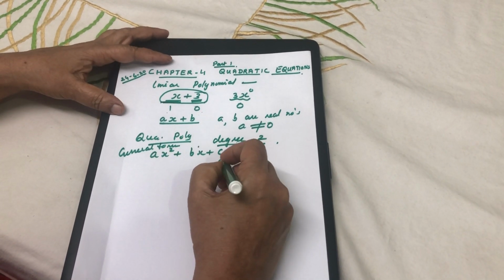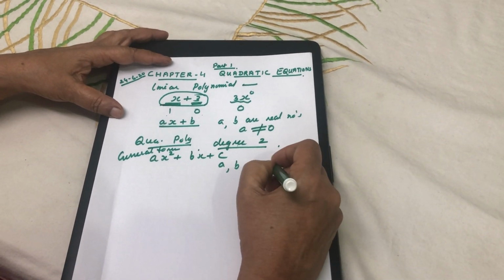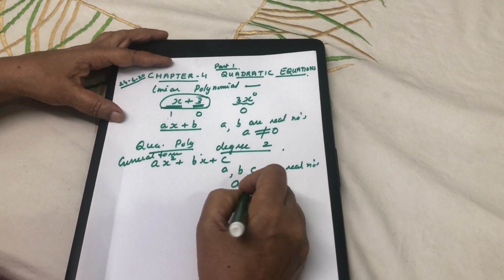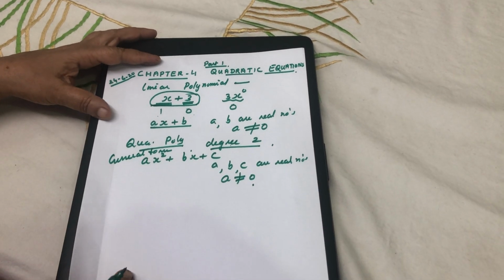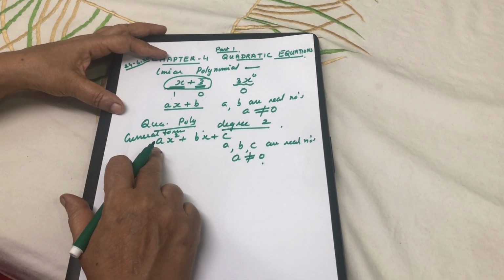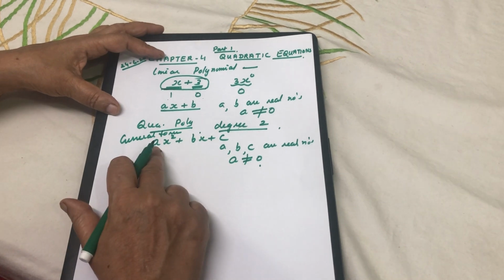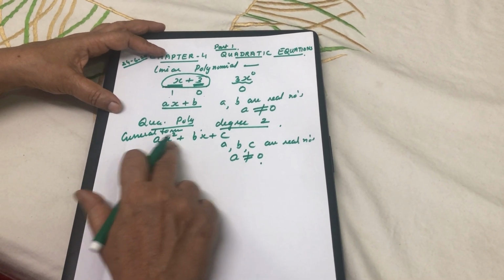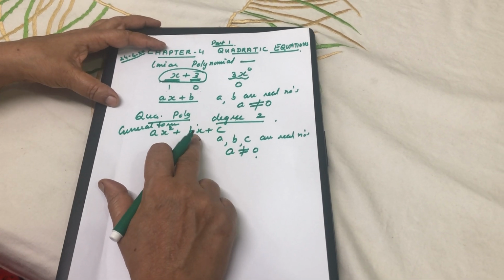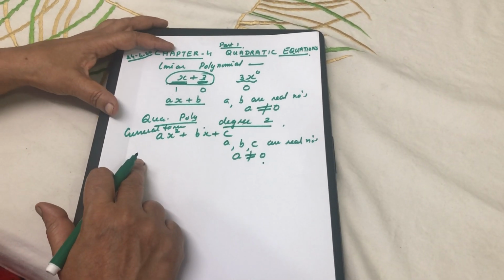Here a, b, c are real numbers and a cannot be equal to 0. All these things I explained in the second chapter. So this is a quadratic polynomial in variable x, and you can denote it by p(x).